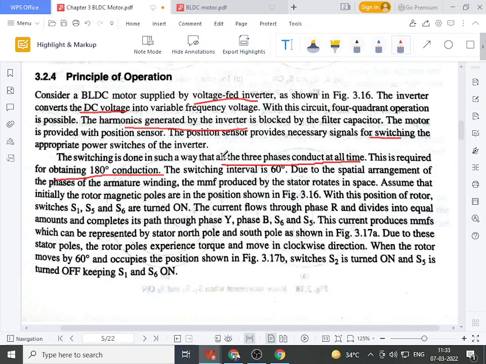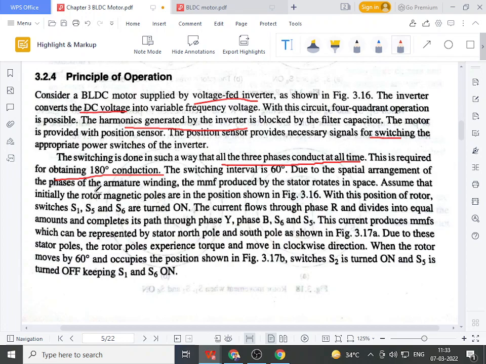Now, due to the distributed nature of the stator winding, that is, the armature winding, whatever MMF is produced inside the air gap is generally in rotating form. So the MMF is a rotating magnetic field, and this rotating magnetic field will rotate at a synchronous frequency, or synchronous speed.